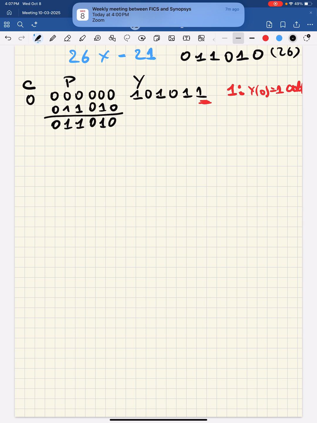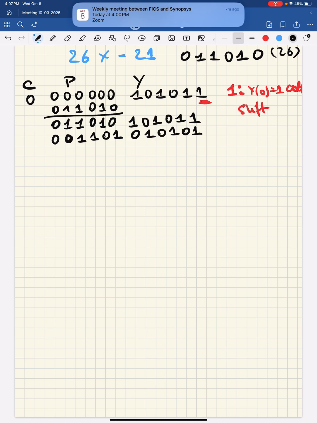Bring this down: 1, 0, 1, 0, 1, and 1. Then we do the shift to finish the first iteration. Shifting to the right gives us 0, 0 here. Because the number is positive, we have to preserve the sign, and there's no overflow. The overflow register is 0, so we just shift with the 0 here, and then the 1, 1, 0, 1. Here we get the 0, then the 1, 0, 1, 0, and 1.